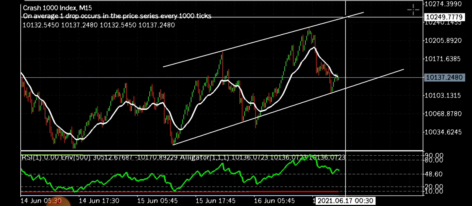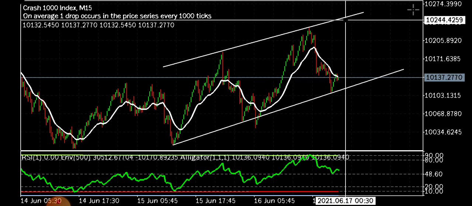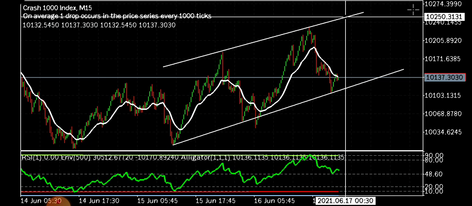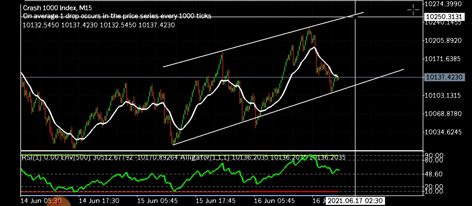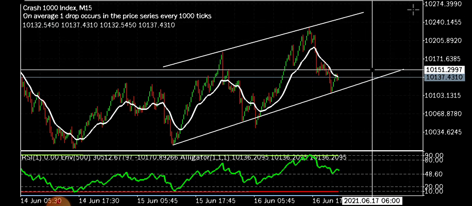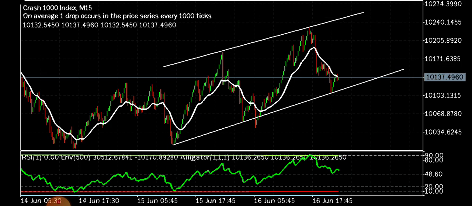And for Crash 1000, once the market has touched this upper trend line and the alligator on the 1 minute is also touching the resistance level, that is the 90 level and also the green horizontal level, you enter for a sell. It works for Crash 1000 and Crash 500, Boom 1000 and Boom 500, all those commodities.